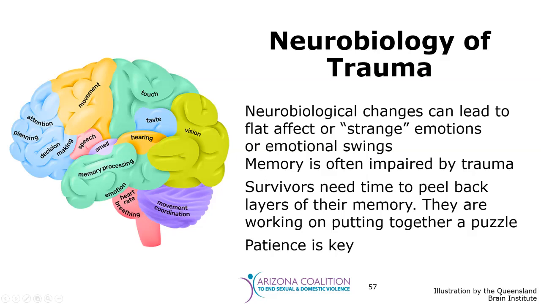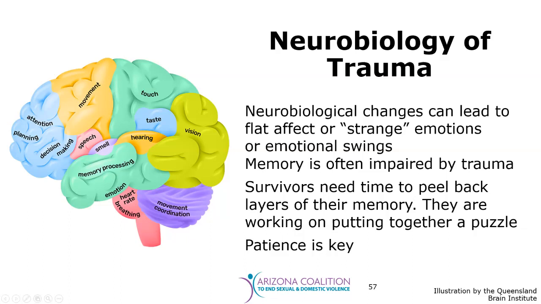So some of these high-level thinking things like our attention and our memory processing are offline, right? They are still processing, but the brain is doing what it needs to survive. And these things like paying attention and making decisions, this high-level thinking isn't necessary. What our brain needs to do to survive is do these very basic things. So focus on our heart rate and breathing, our movement coordination, and some of these basic senses. So this part right here.